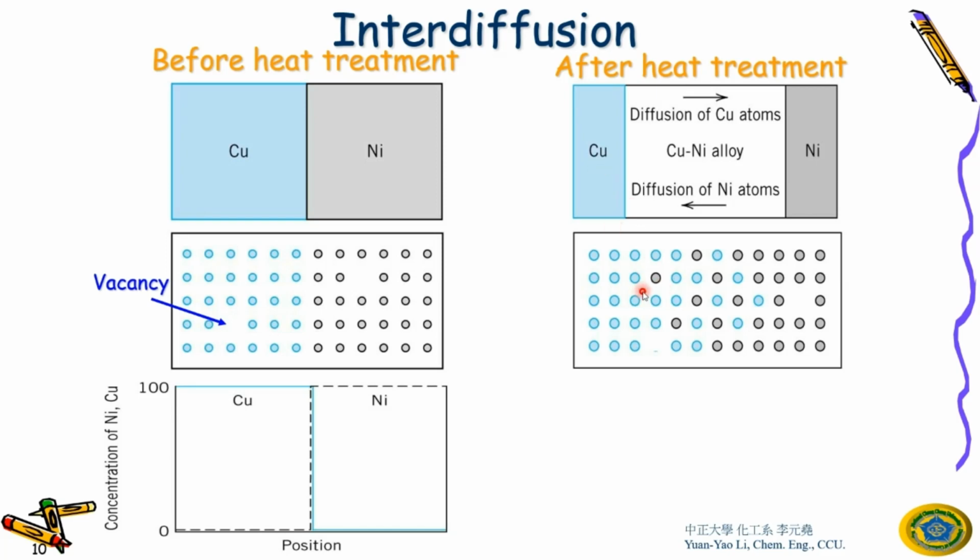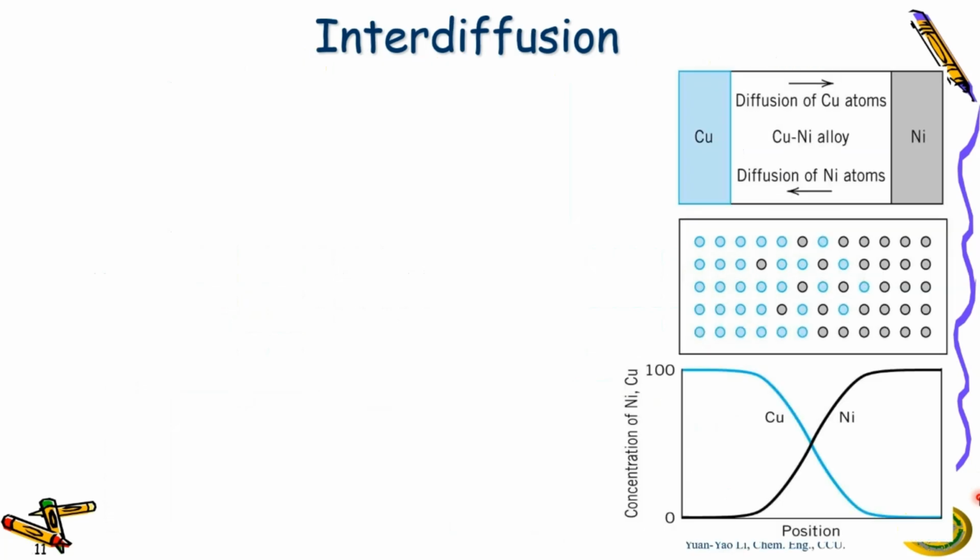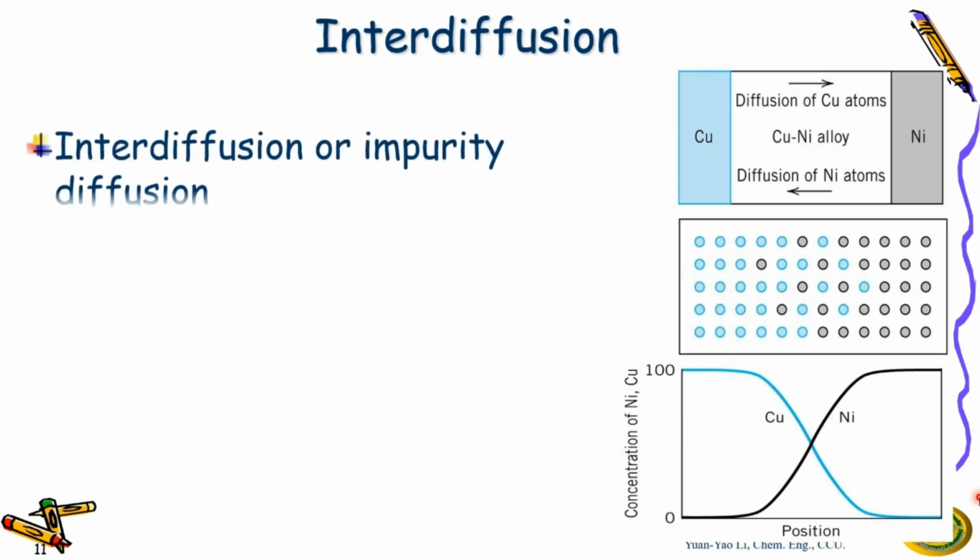The copper will move from the left hand side to the right. Of course, you need to have a vacancy, otherwise it doesn't move. Okay, the profile of the concentration will look like this at a certain time. But if the time is infinite, this will be very evenly distributed, right? The atoms of the copper and the nickel. Right, so this is interdiffusion.